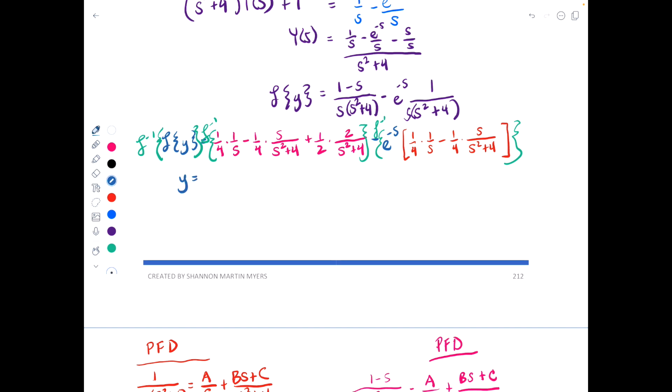Y is going to equal 1/4 times 1 for that inverse of 1 over s, and then minus 1/4 times cosine at 2t for this portion.